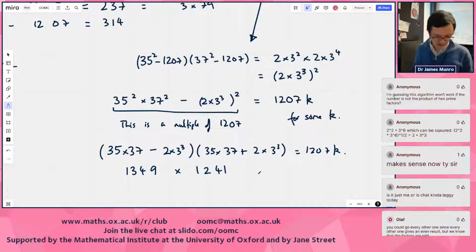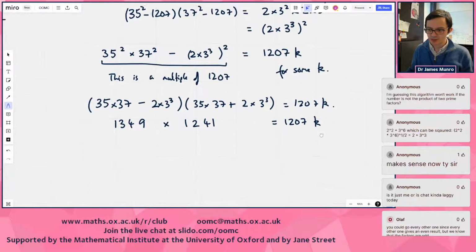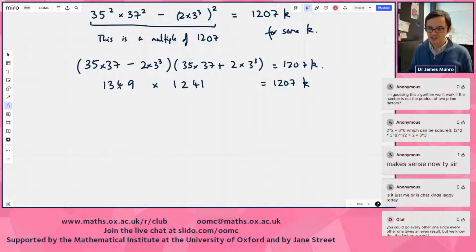Yeah, so this is pretty good, I think, actually. You see this sort of suspicious thing, right? This expression that we've got has to contain, on the left somewhere, all of the prime factors of 1207. And on the right, there's 1207.